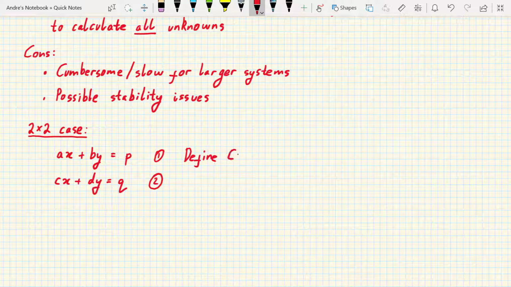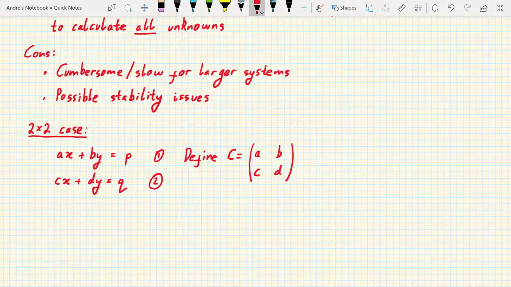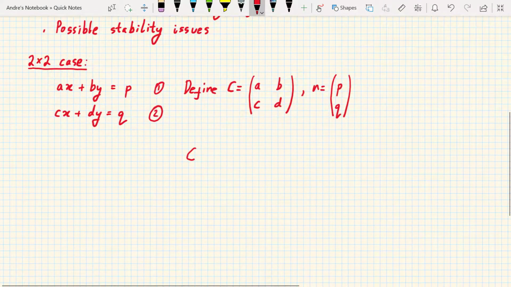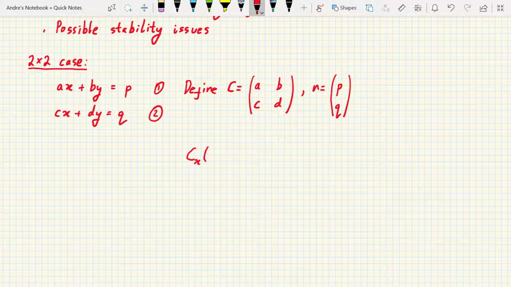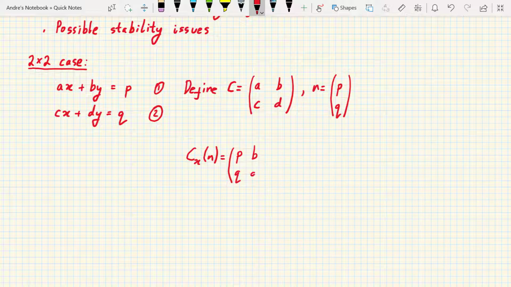In other words, C is A, B, C, D, and define N to be the vector of constants, P, Q. We'll also define CXN to be the matrix C, but where column X, the first column, has been replaced by vector N. In other words, P, B, Q, D. Similarly, CYN is matrix C, where column Y, the second column, has been replaced by vector N. In other words, A, P, C, Q.